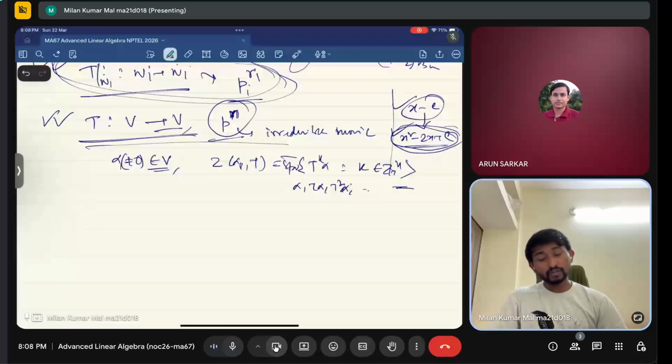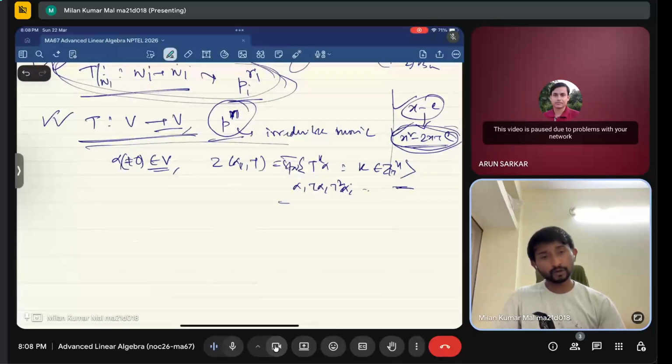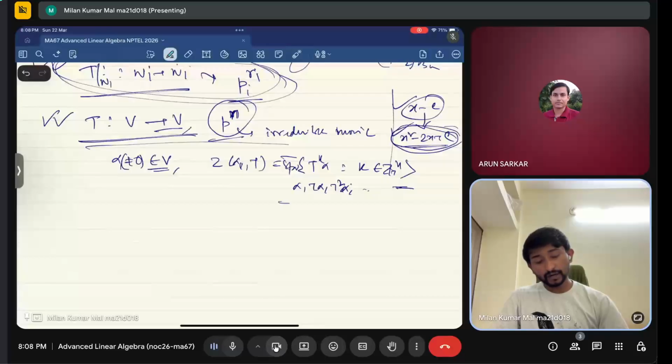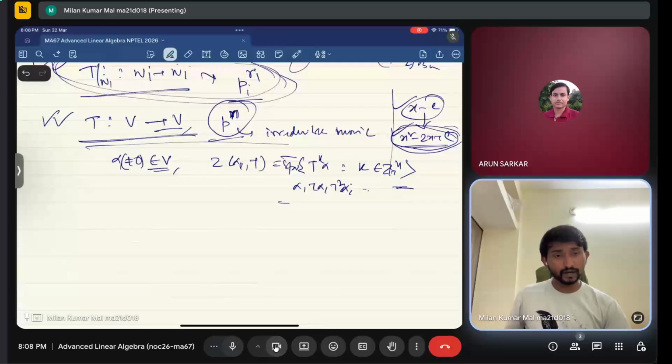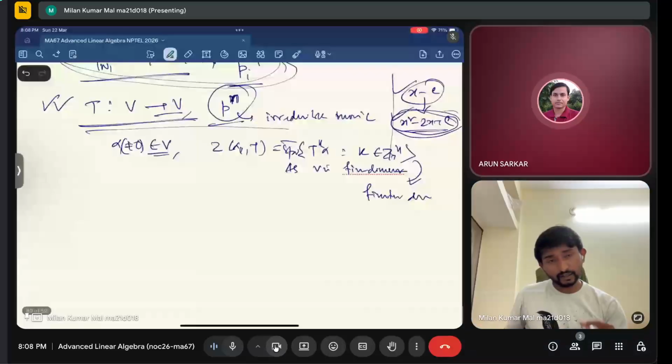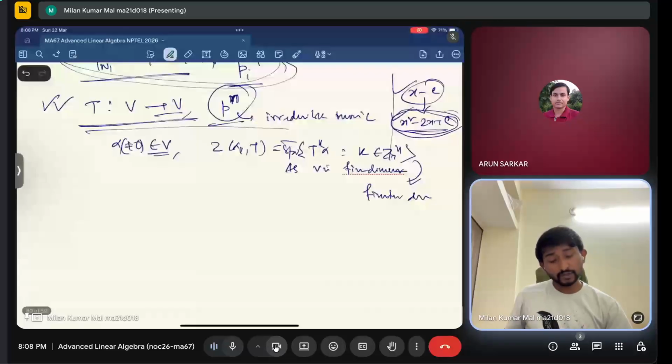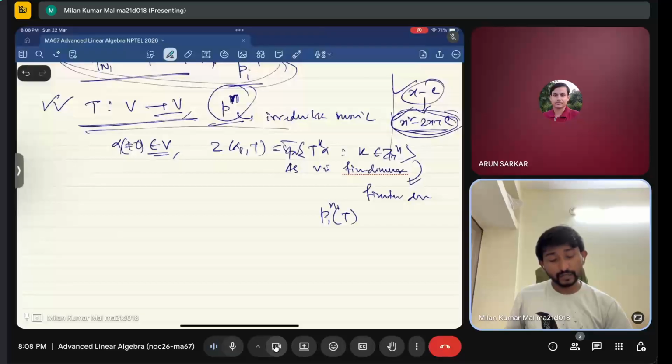Why? Another way to look at it is that you have a minimal polynomial, P to the power n, so P^n(T) alpha has to be 0. This is a polynomial, it has a degree, right? Suppose P is a polynomial of degree k, then the highest degree will be nk.